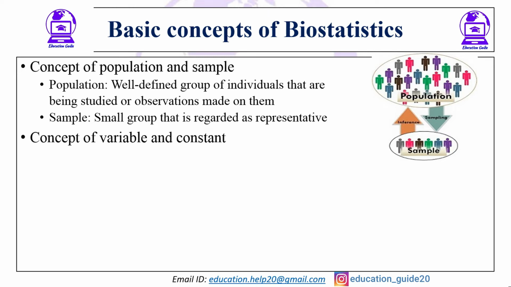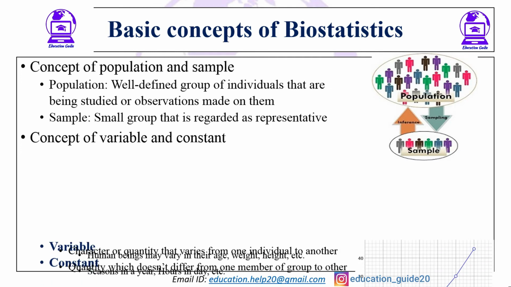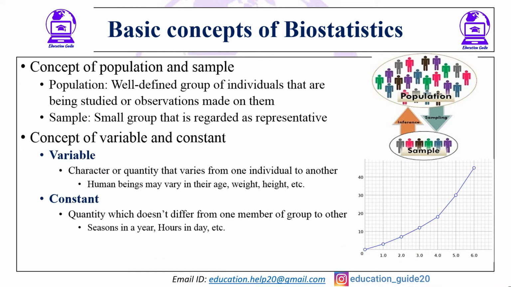Next, we come to the concept of variable and constant. Variable is any quantity or character that varies from one individual or subject to other individual or subject. For example, human beings may vary in their age, weight, height, etc. So these all characters, age, weight, height, are called as variables.